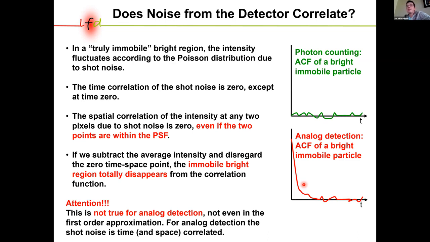There's only one small caveat, which is you have to be careful with analog detection because there can be a correlation in the noise. So in the analysis, you may have to jump a couple of pixels to avoid this detector correlation.